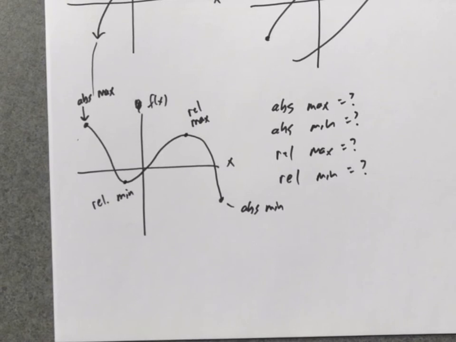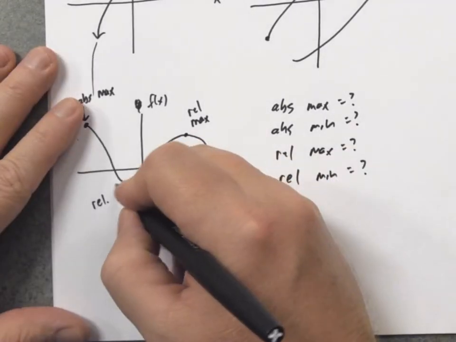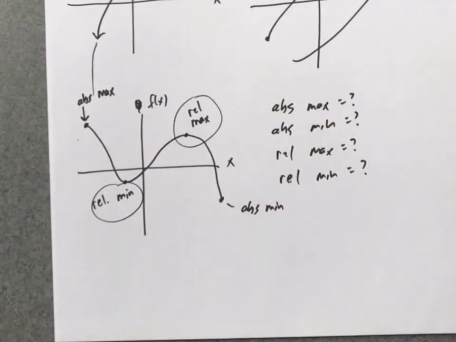But here's the deal in the world of math, just because sometimes you get tired of saying all these words again. When we're given a function or this graph and you're told to find the max and the mins, what they're really asking for are the relative max and mins. When they say find the relative max or find the max or min, they're really asking for the relative max or min. If they want the absolute, they would usually say absolute.